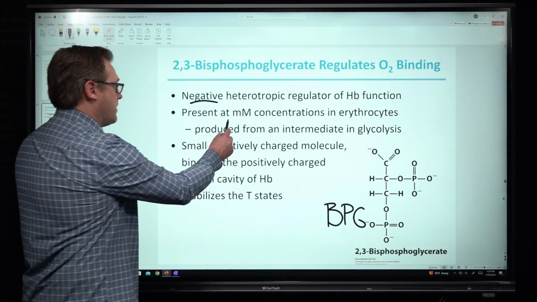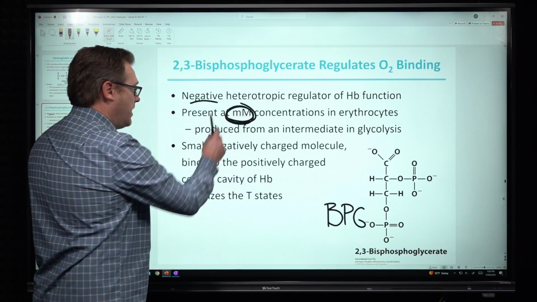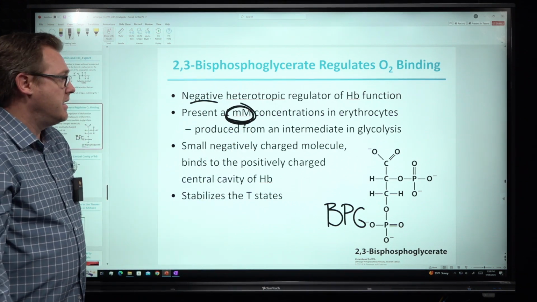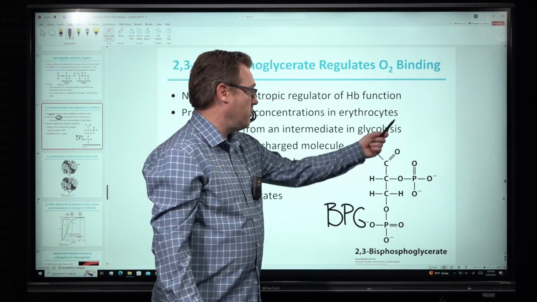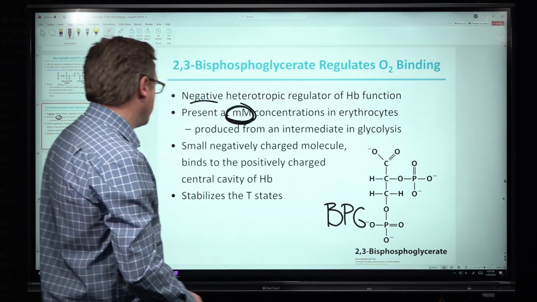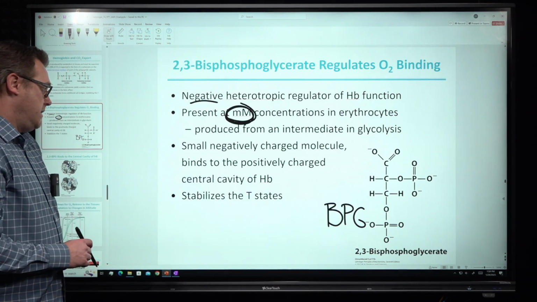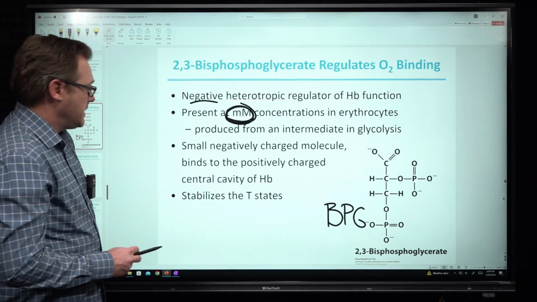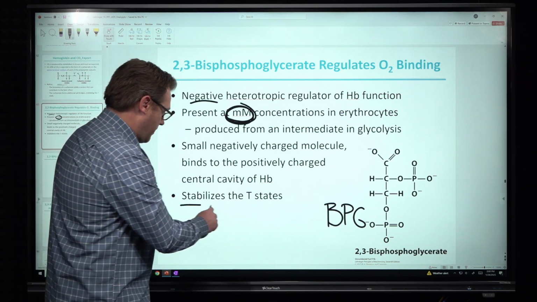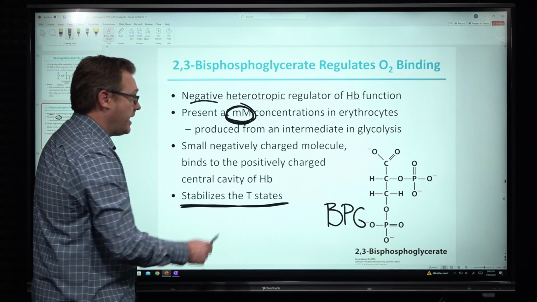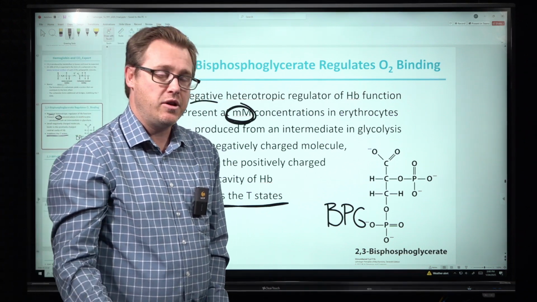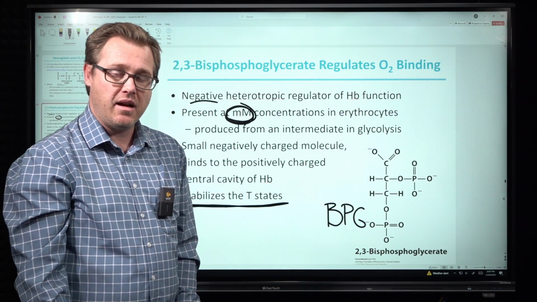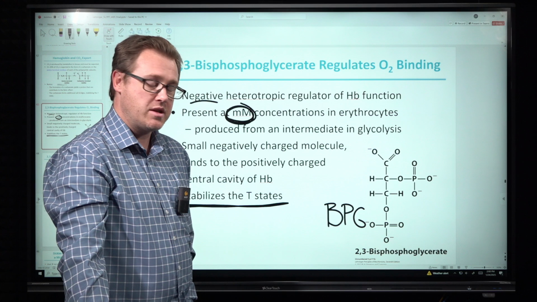And I said it's very concentrated, millimolar concentration. Okay? And that's in our erythrocytes or red blood cells right there. So another very big key point right here, I said when BPG binds, it reduces the binding affinity of hemoglobin to oxygen.